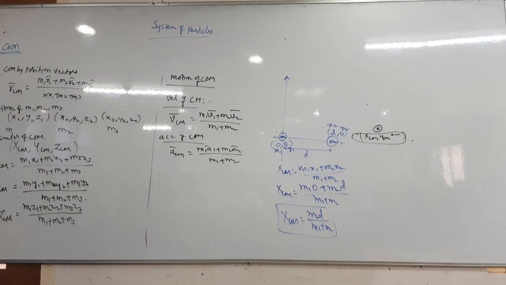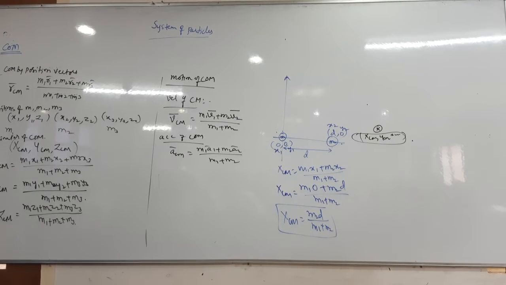Then next one. Have you written that point, center of mass will lie at the heavier side of the body? No, write that. If two bodies are of equal masses, where will the center of mass lie? Exactly at the center.